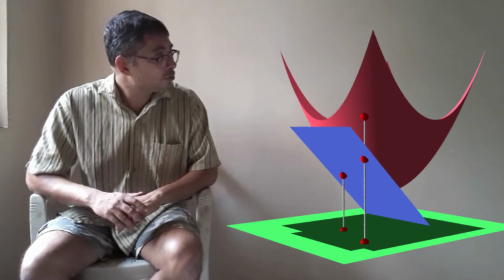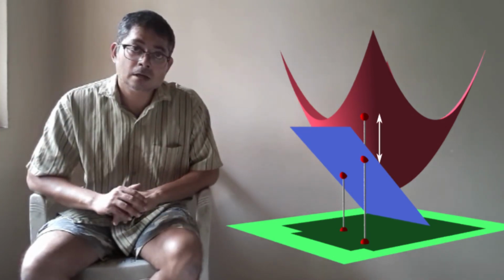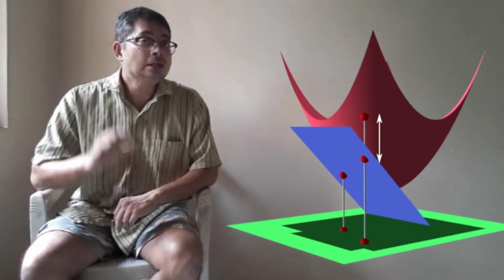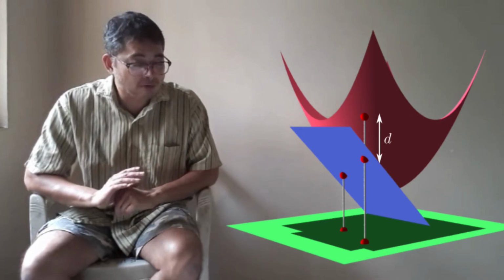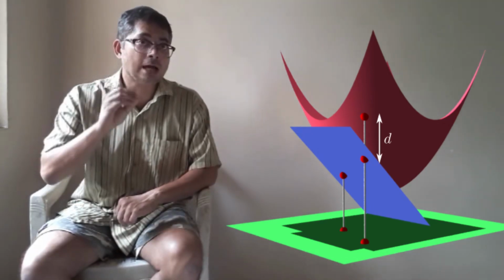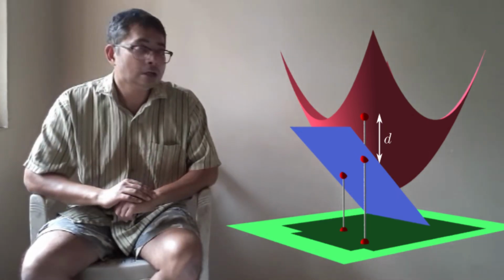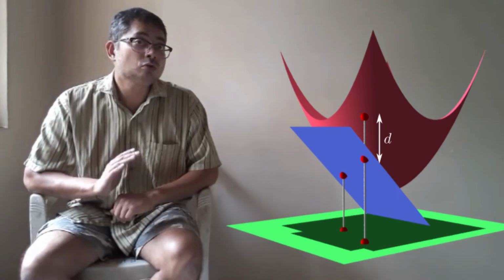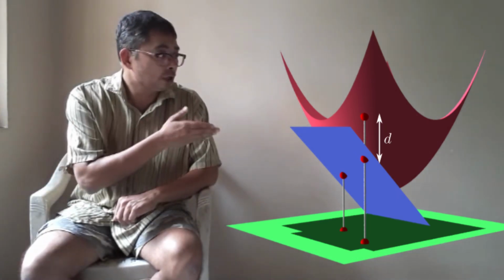For example, here we can see that there is a vertical gap between them. The vertical difference between these 2 points, they will always be situated one above the other. So this vertical distance will of course go to 0 as the point on the xy plane moves towards that point.